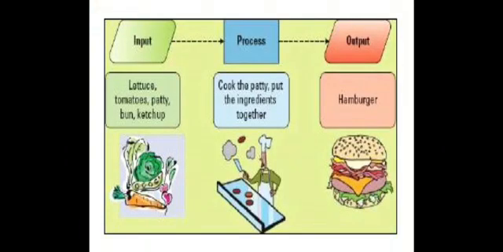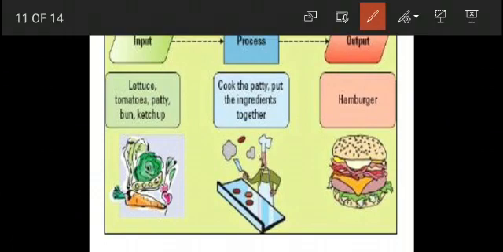Now let's move to another example, that is making of hamburger. So to make a hamburger, we need lettuce, tomatoes, patties, bun and ketchup. These are the ingredients to make a hamburger. So this is the input.